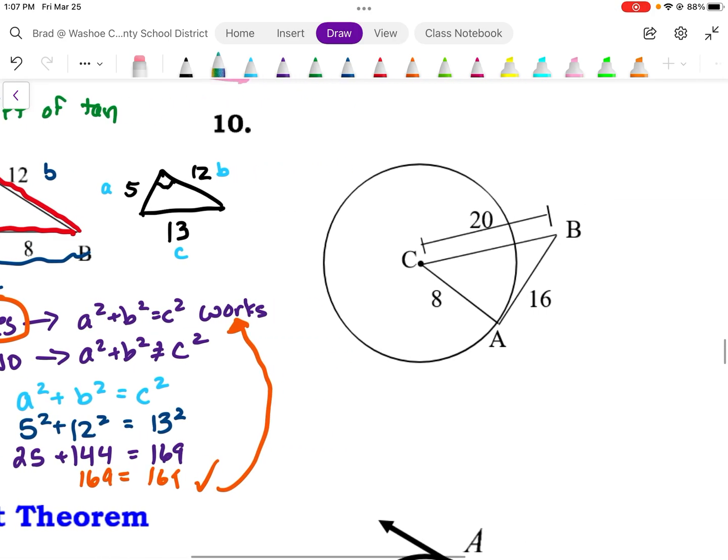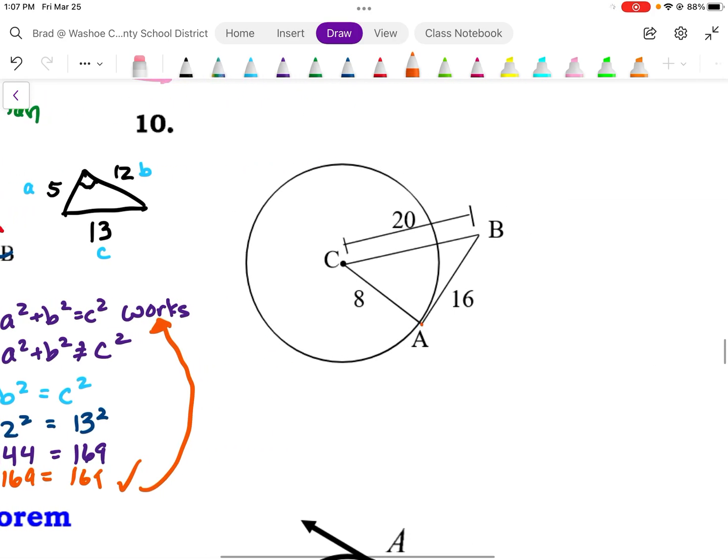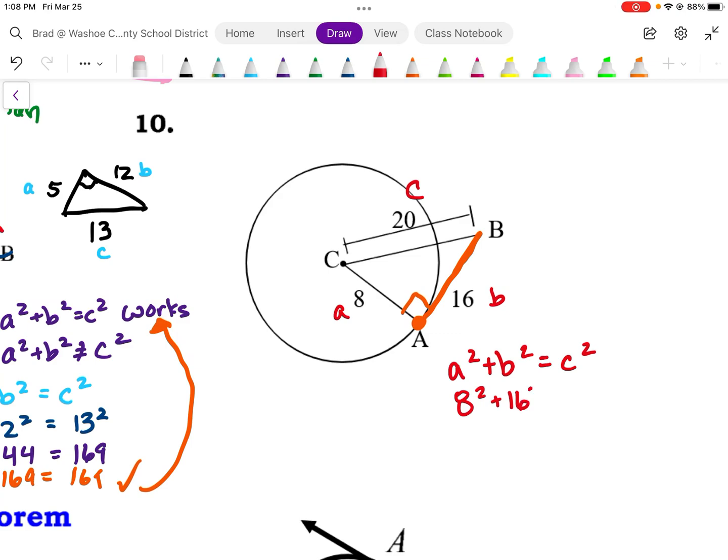Okay. All right, let's look at this next one. So here's my point of tangency, so a 90-degree box right there. So I'll go a, b, c. Same concept: a squared plus b squared equals c squared. So 8 squared plus 16 squared is equal to 20 squared. So 64 plus 256 is equal to 400.